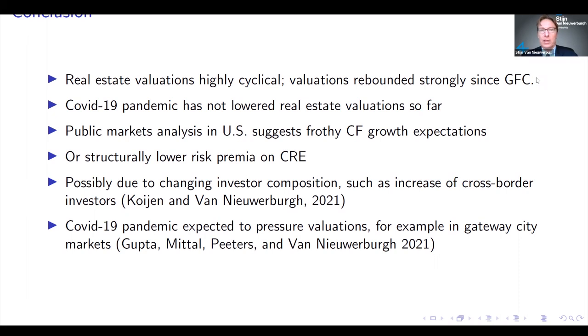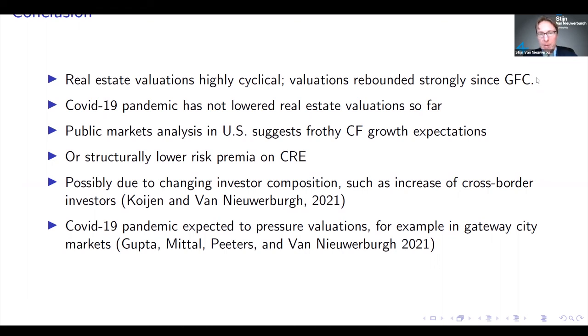This public markets analysis in the US suggests that these high valuation ratios must be explained either by quite frothy cash flow growth expectations or by a structurally lower risk premium on commercial real estate. Possibly, this is due to changing investor compositions, such as the increase of cross-border investors in the commercial real estate markets in the US. This is a hypothesis that I'm exploring in more depth in joint work with Ralph Koijen.